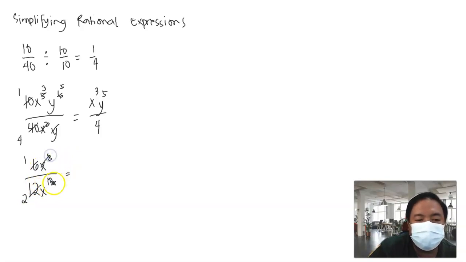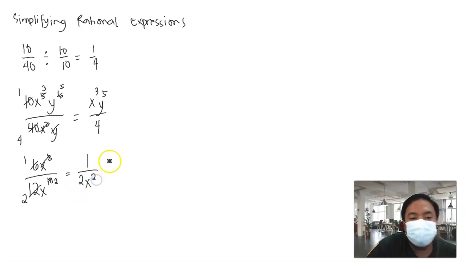So cancel out x raised to 8. Si 10 ay magiging 2 na lang. Very good. Eh sir, paano po yan? Nawala po yung naiwan dun sa taas po natin. So hindi po pwedeng wala. That is 1. And most especially sa numerator. And then what remains for the denominator? We'll have 2x raised to 2.